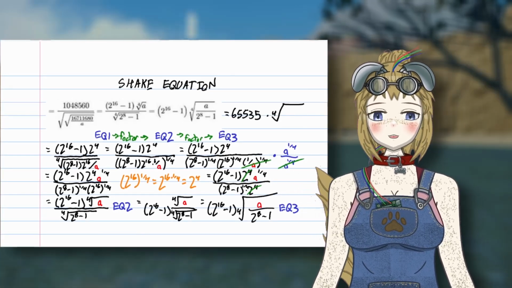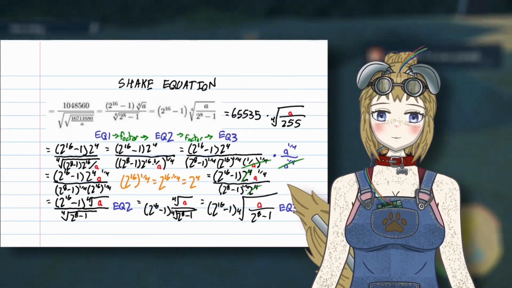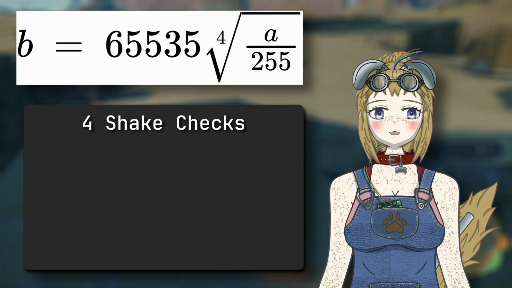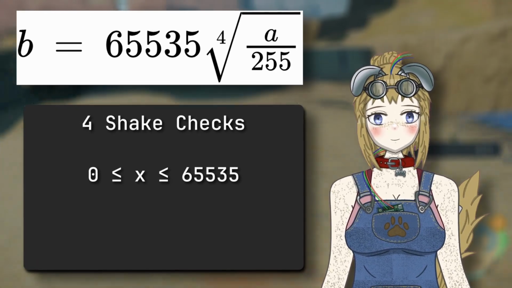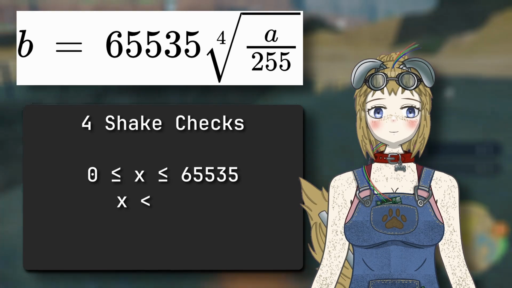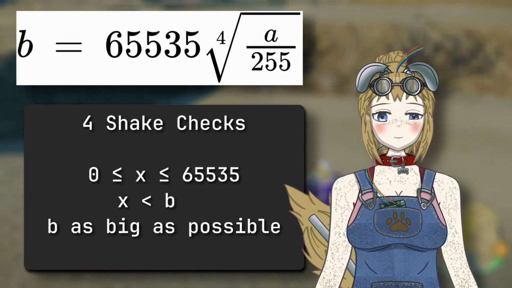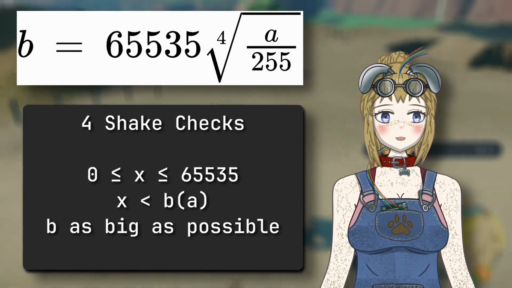Here, we have 65535, the largest number we can store in a short, and 255, the largest number we can store in a byte. Now, we want the game to generate a random number x between 0 and 65535 that's less than the result of this equation b. That means the higher b is, the better. b is determined by the value of a, which is the modified catch rate of the Pokemon.